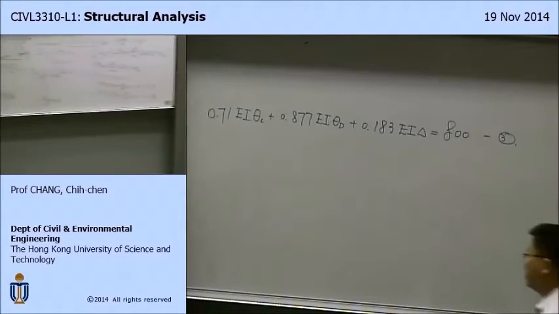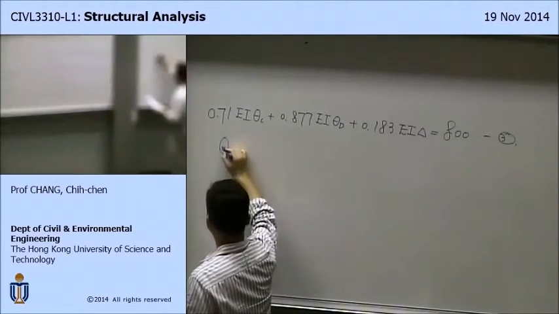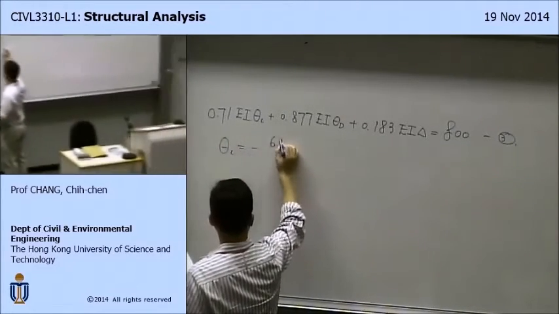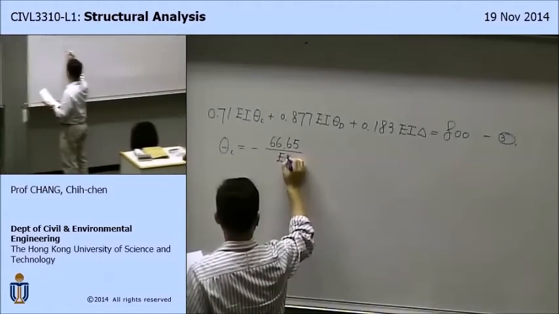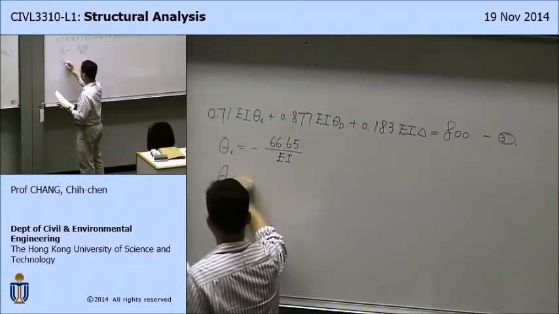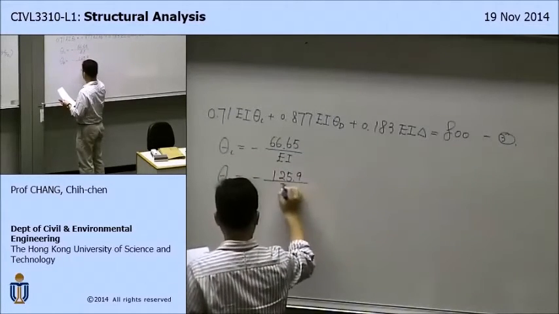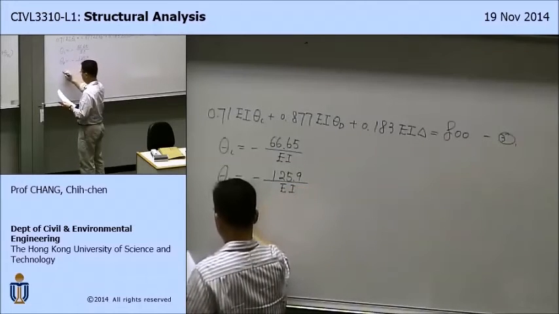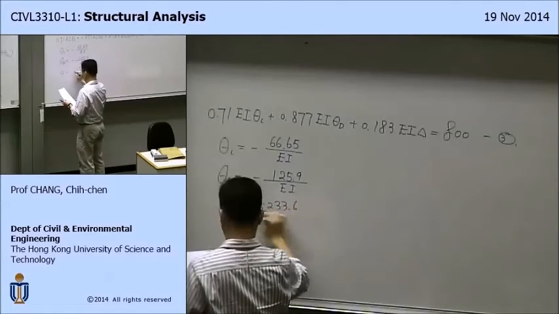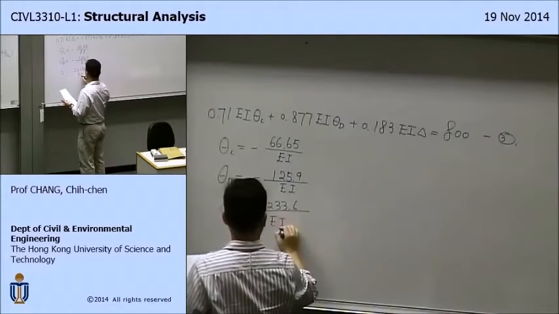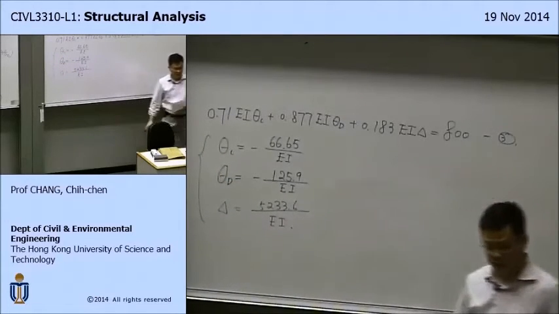So with the three equations, we can find the three unknowns.